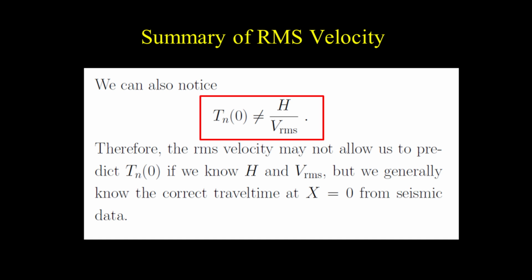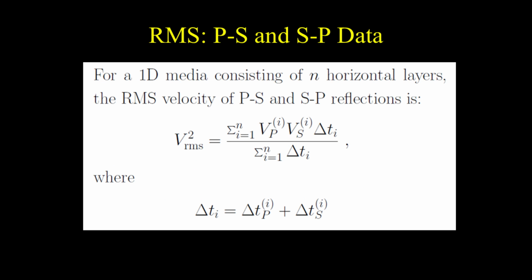Therefore, the RMS velocity may not allow us to predict T0 if we know H and V RMS, but we generally know the correct travel time at x equals 0 from seismic data. For completeness, here are the RMS velocities for converted waves.